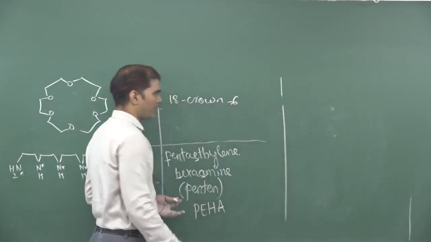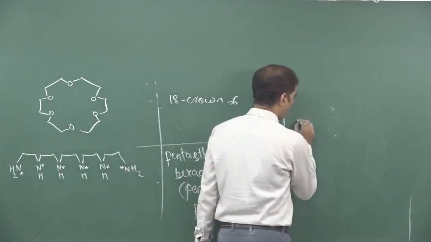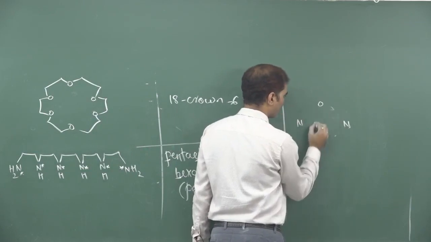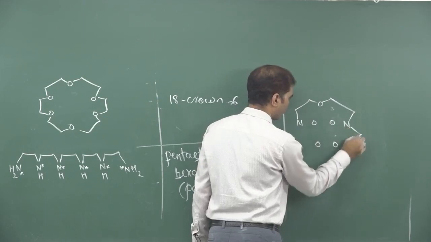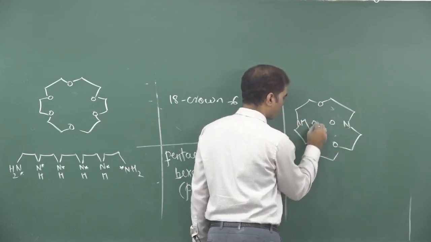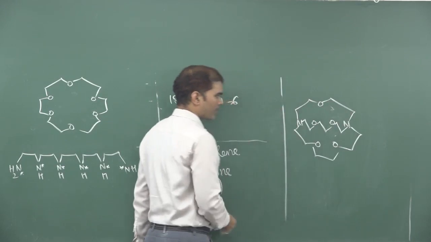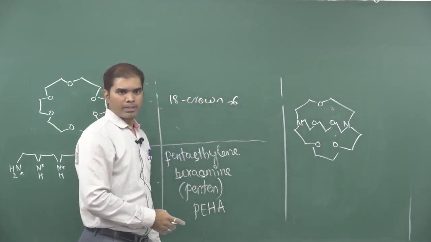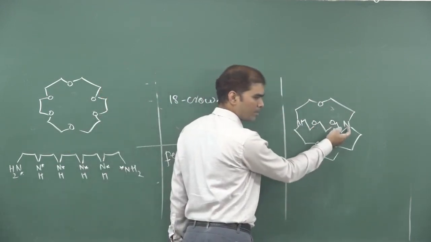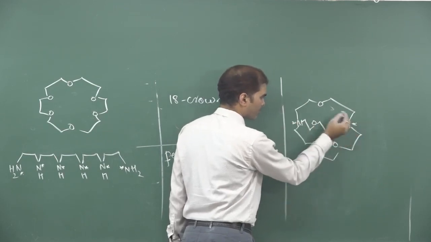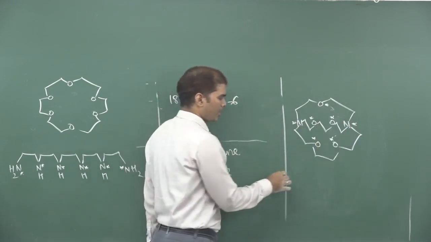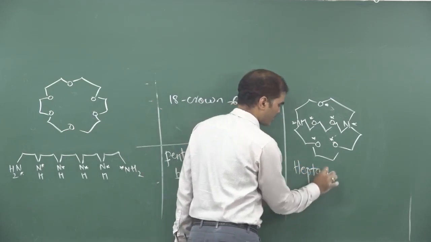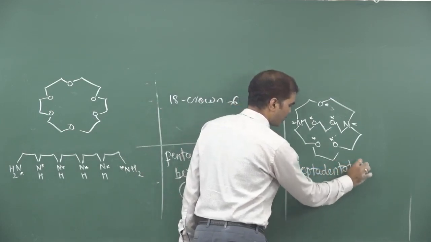If I choose a cryptand, just as an example, you tell me what is the denticity of this? 2 nitrogens, 5 oxygens. It is heptadentate. Heptadentate neutral.